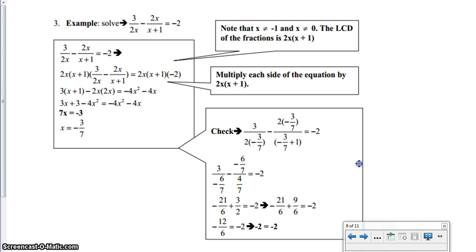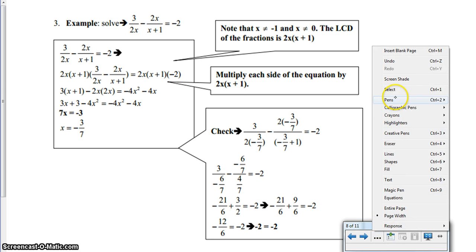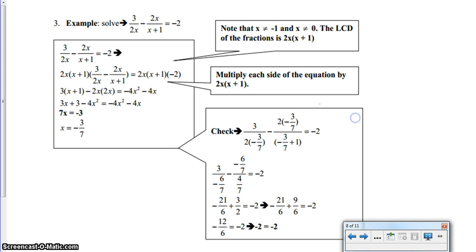The other thing that we have to make sure that we understand is when you do have a variable in the denominator, remember in the real number system, you cannot have 0 as a denominator. So right away, we need to mention that x cannot equal 0 and x cannot equal -1.